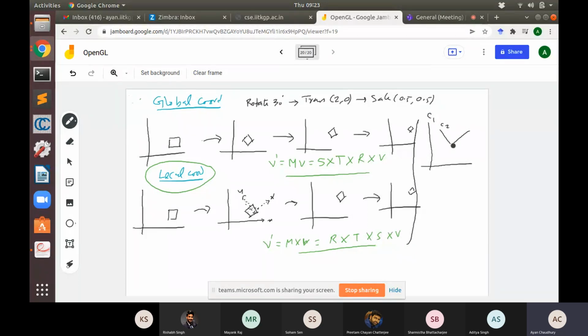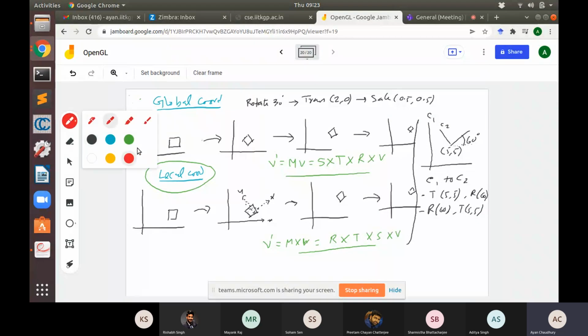Okay, let's say this angle is 60 degrees, and this coordinate is 5, 5. Okay, so if we try to transform from C1 to C2, what should be the sequence? First translate by 5, 5, then rotate by 60 degrees, or rotate by 60 and then translate by 5, 5.